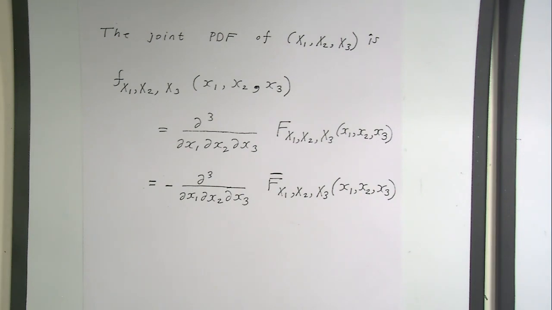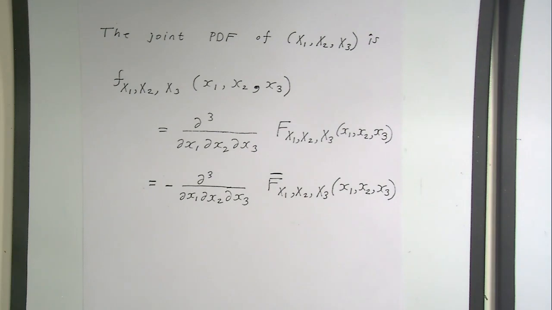Because if x2 is greater than minus infinity, then that's a non-event because anything is greater than minus infinity. So if you put minus infinity here, then you can ignore the second event, because x2 must always be greater than minus infinity.